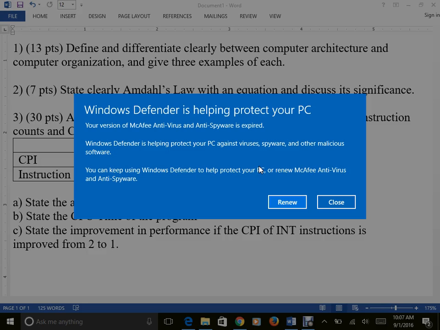I heard somebody mumbling over here, approximately. I'll start calling on people if I don't get an answer. Yeah. CPU. Okay, CPU. What's another example? ALU. What's another example of organization? Memory technology, right? So why is memory organization, and why is memory addressing, and why is the technology organization?